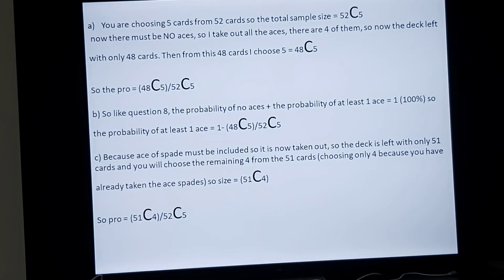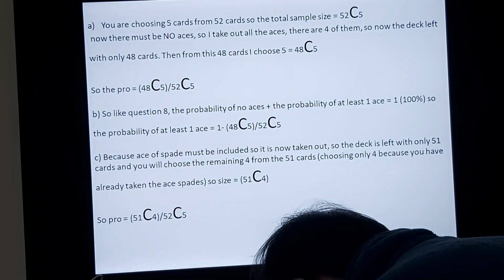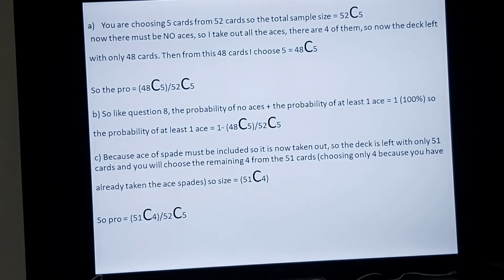Then C is the probability that you will have the ace of spades. Which means the ace of spades must be included. So it is now taken out because it must be among the 5 cards.